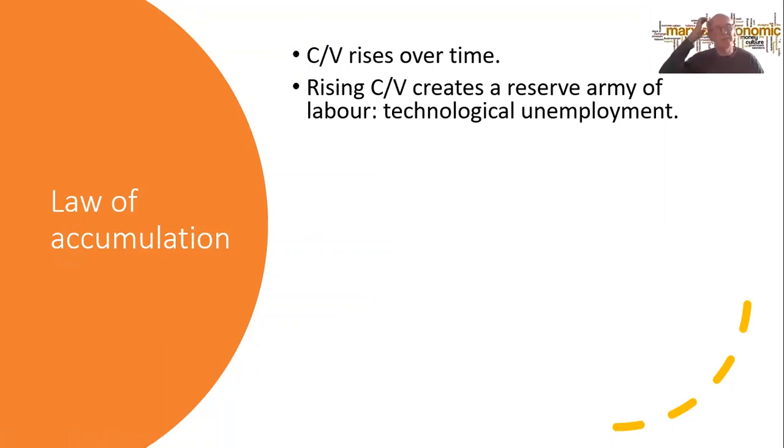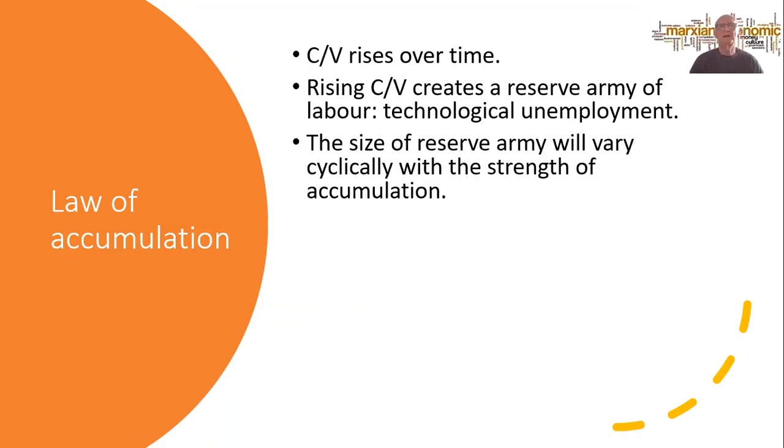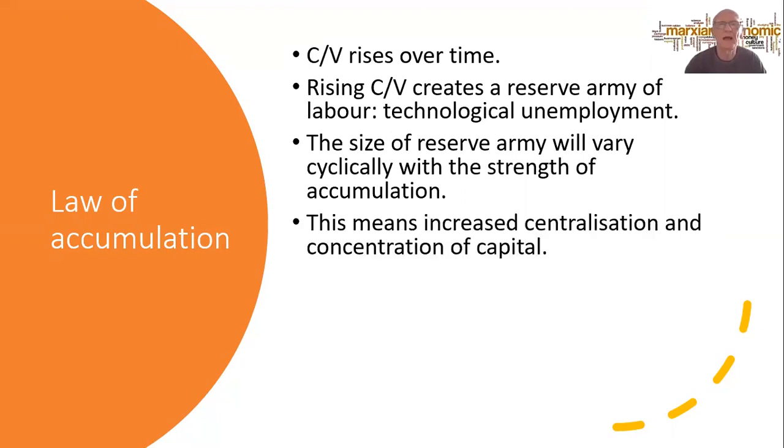It can be reduced at various times through fast expansion, through new industries coming on board, but on the whole, there is that continual pressure towards unemployment forced by a rising C over V. The size of the reserve army, as Marx called it, will vary cyclically depending on the strength of the economy, whether it's growing fast, whether the investment is taking place to suck up labor or not.